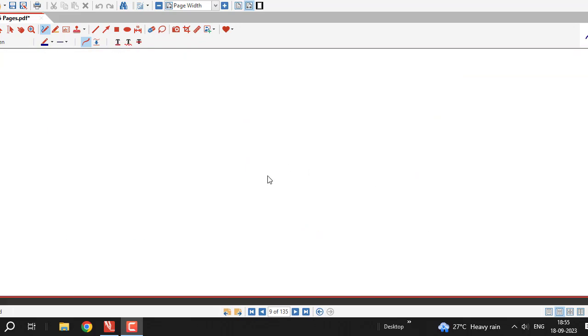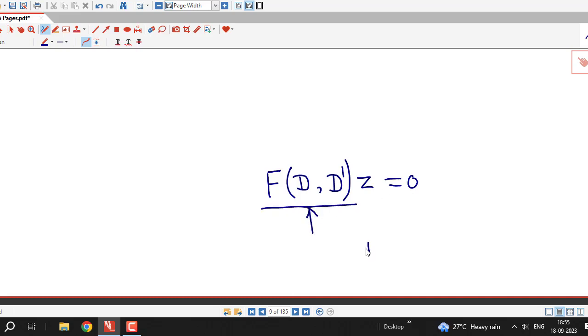And we have also understood that we can write linear partial differential equation with constant coefficients in this form: F(D, D')z = 0, where this capital F is a function of D and D'. D stands for partial derivative with respect to x, D' stands for partial derivative with respect to y.